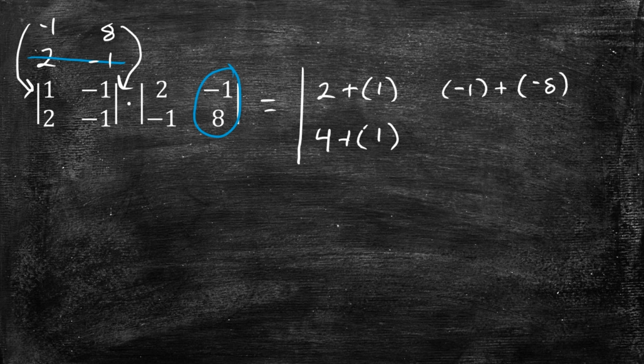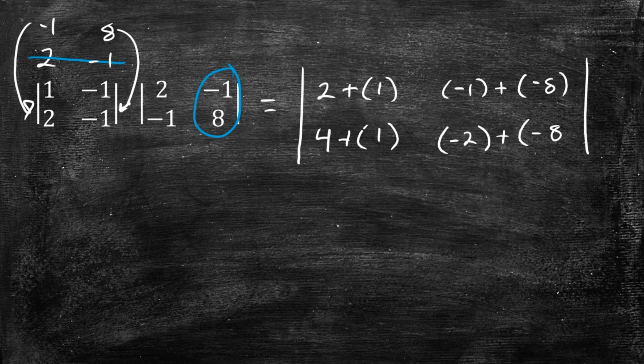And then for the second entry there, you take -1 times 2 and 8 times -1, and you add those together. So -1 times 2 is -2, plus 8 times -1 is -8. All right, almost done here. Now all we got to do is just add those numbers together and we will get our answer.